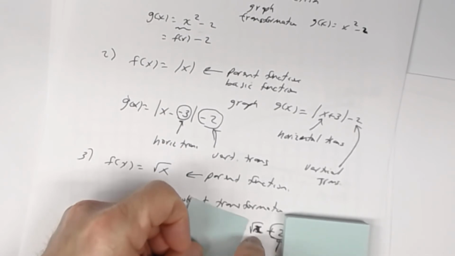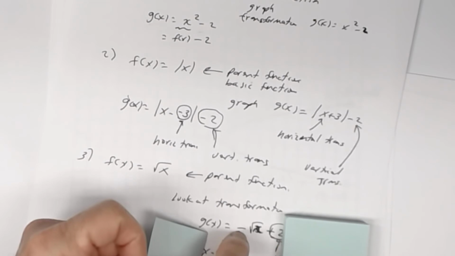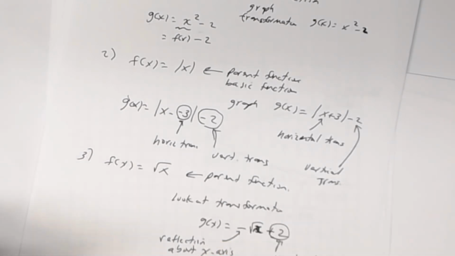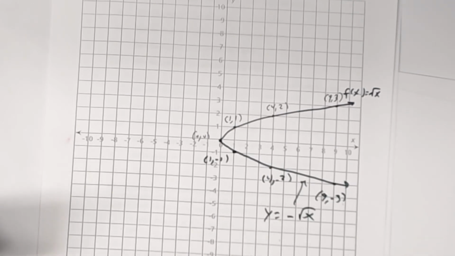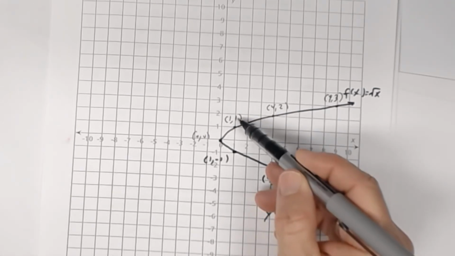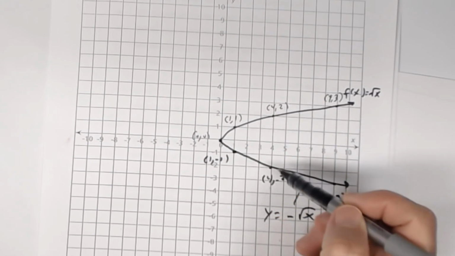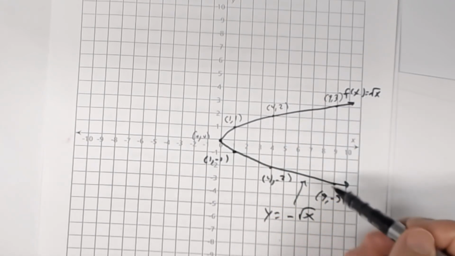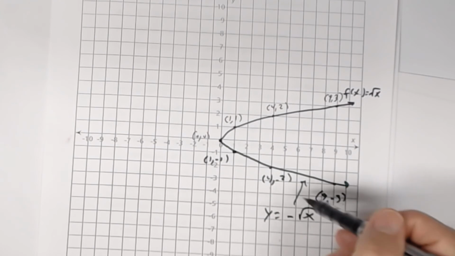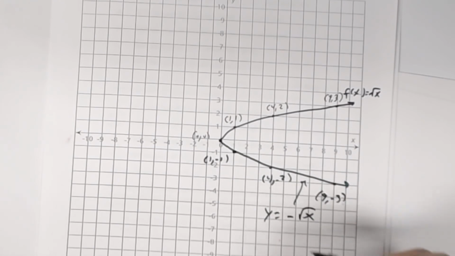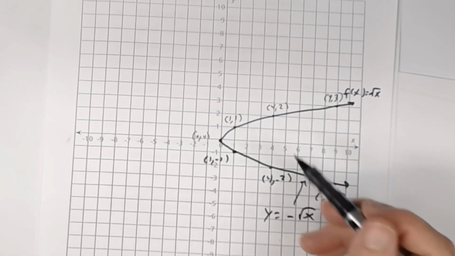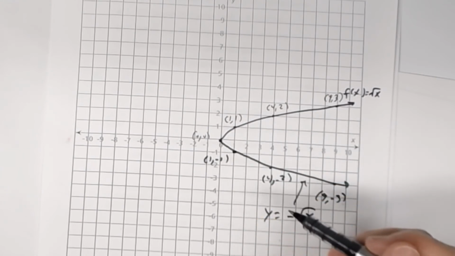So this says whatever my y value is, I take the opposite of it, negative y. If y is 1, the opposite becomes negative 1. If y is 2, it becomes negative 2. If y is 3, it becomes negative 3. That's why we say this is a reflection about the x-axis, because the y values become opposites.